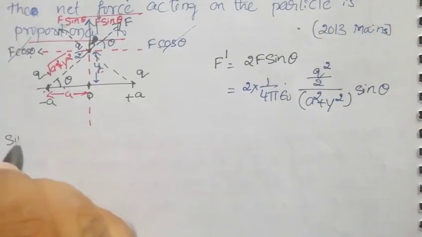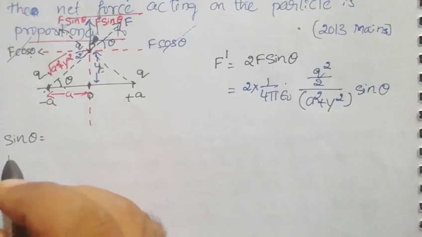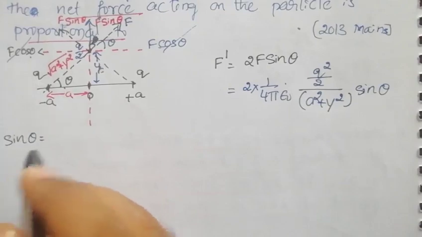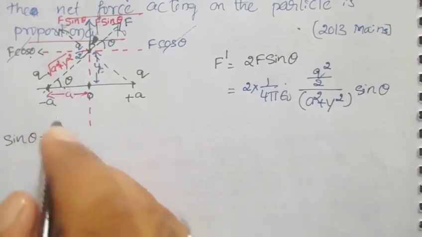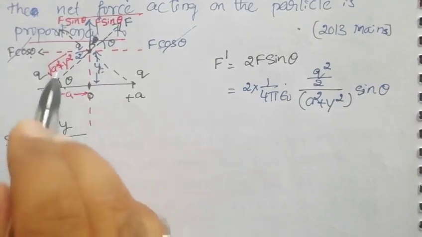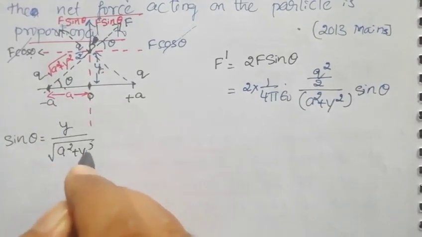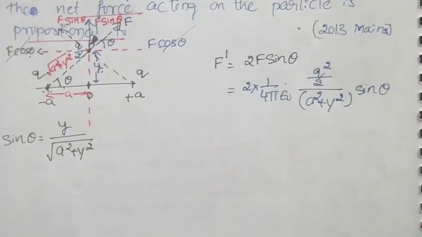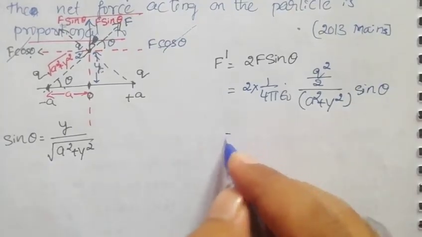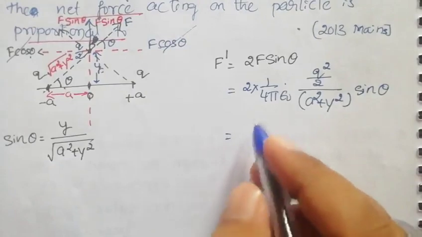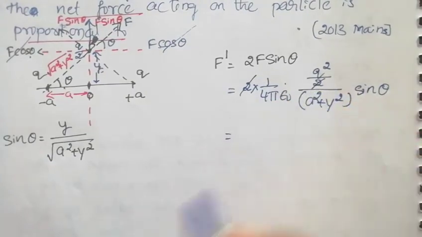Now let us find the value of sin theta from the diagram. What does sin theta say? Opposite by hypotenuse. The opposite from the diagram is y, and the hypotenuse is the square root of a square plus y square. Insert this value now. What do we get? It is 2, and this 2 is going to cancel.